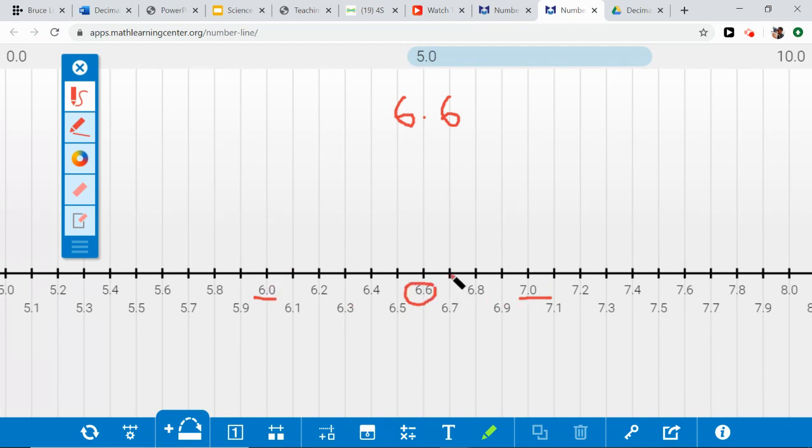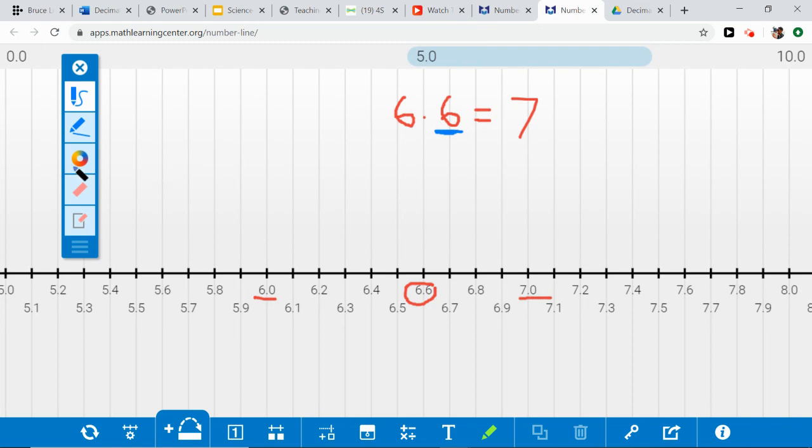It's 0.4 away from 7, but it's 0.6 away from 6. So 6.6 rounded to the nearest whole number would be 7. Lots of you would have been shouting 7 at the screen, and that's because you are using your knowledge of rounding, realizing that the 0.6, the 6, is higher than 5, so we round up.